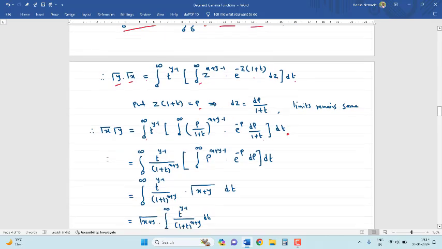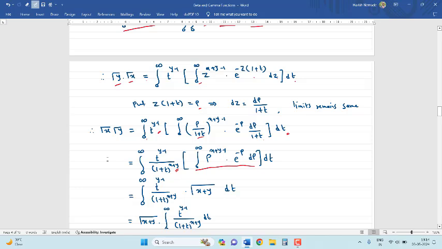So this is equal to integration from 0 to infinity of t raised to y minus 1 divided by 1 plus t raised to x plus y minus 1, and with another 1 plus t raised to 1, this becomes 1 plus t raised to x plus y, into integration from 0 to infinity p raised to x plus y minus 1 into e raised to minus p dp. But this is nothing but the integral gamma x plus y. So this is gamma x plus y dt.